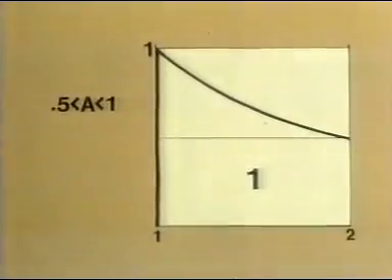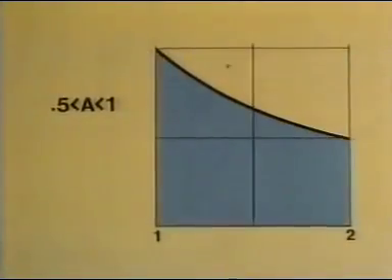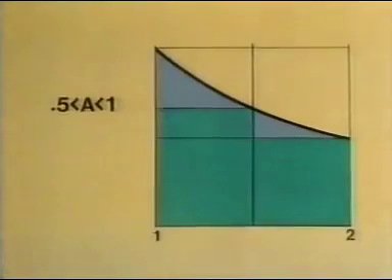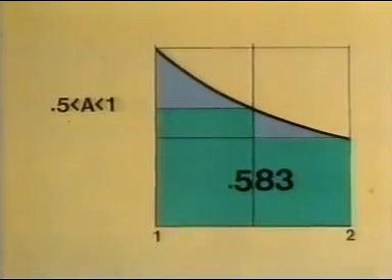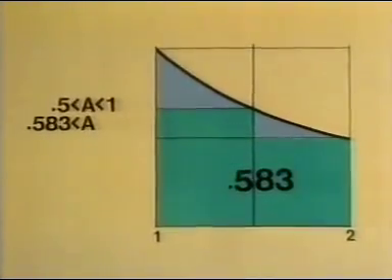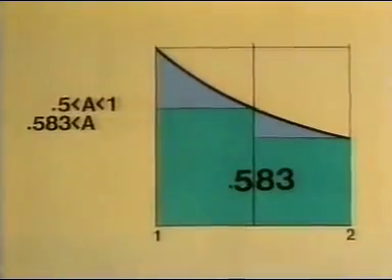And this is greater than A. Now, if we divide the strip in two, our underestimate will be these two rectangles. And notice what's happened to our original underestimate. It has increased. It's gobbled up more of the area. So the new underestimate is a better estimate for the area than the old one. Its value is 0.583 to 3 decimal places. So A is greater than 0.583.